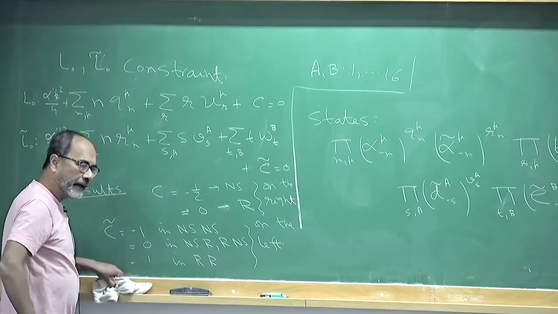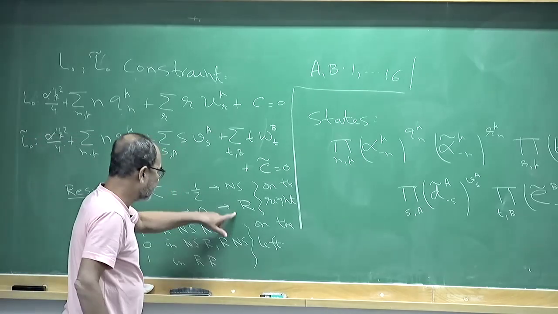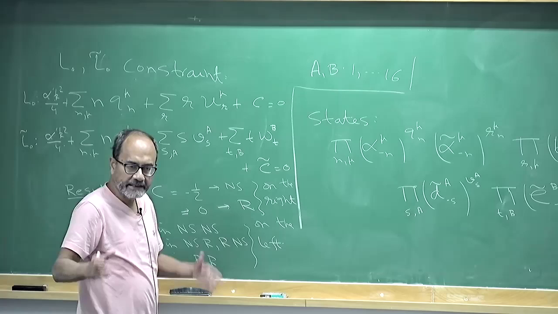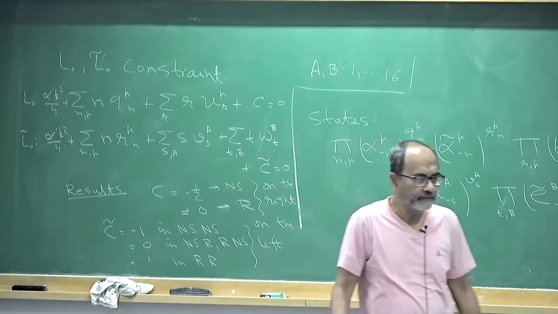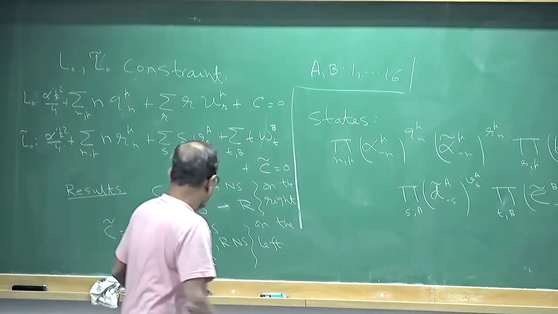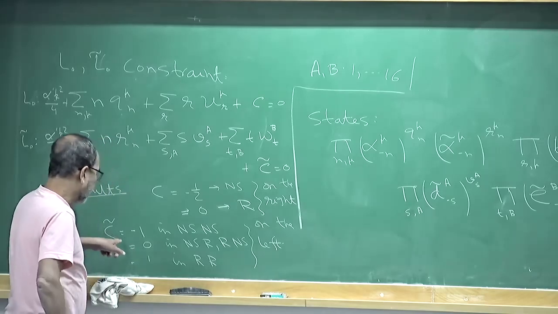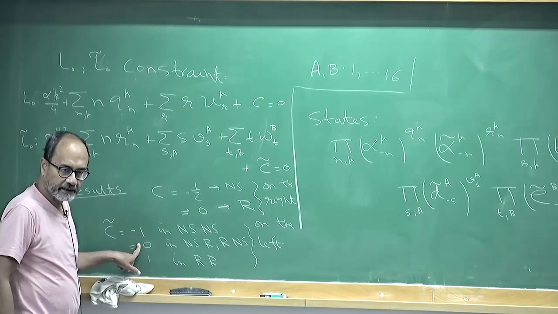So to compare with what we got last time, this is the same. The right sector hasn't changed at all. It's the same as the superstring also: NS minus half, Ramond 0. On the left sector, NS is like a bosonic string. C tilde is minus 1.